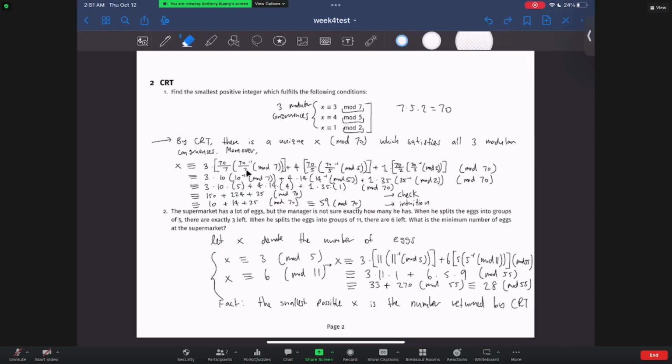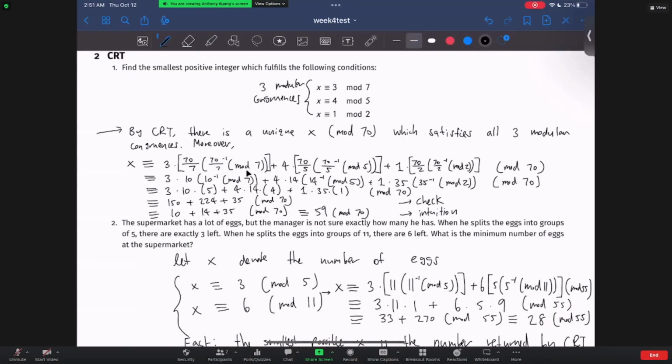And this is also a constructive theorem, so it gives us a procedure to finding this exact x. So we can apply the formula in order to get this number. The first term is going to be 3 times big N over little n1 times big N divided by little n1 inverse mod n1, and so on for the other 2 terms.